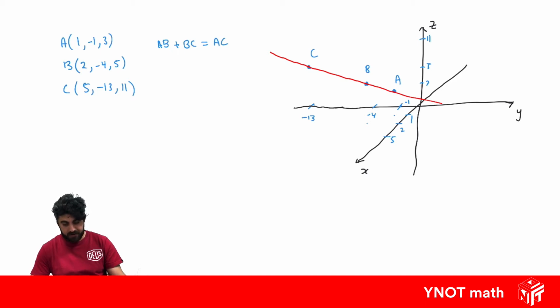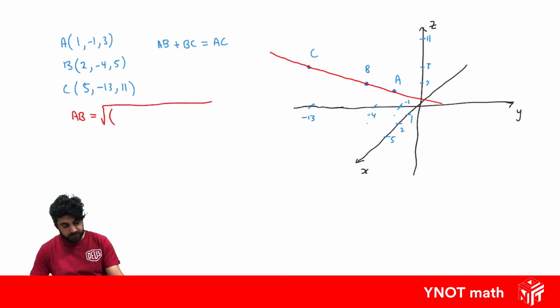So let's go ahead and get expressions for all of those distances, just using the distance formula in 3 dimensions. So first, let's do AB. This will be the square root of x2 minus x1.